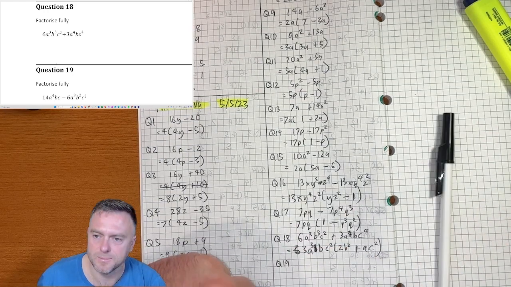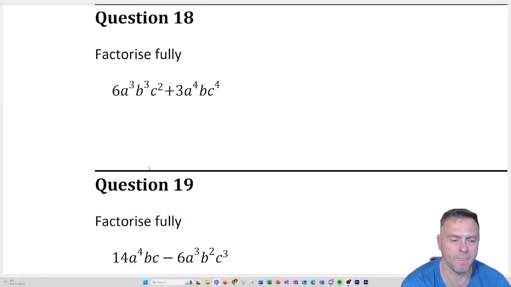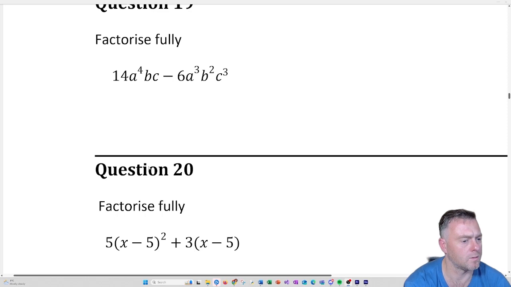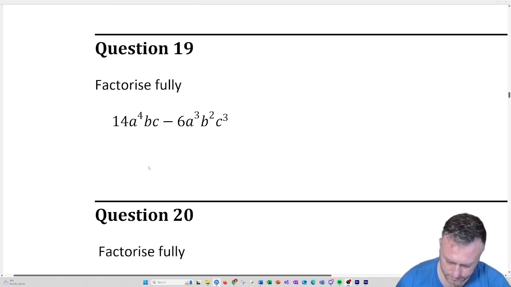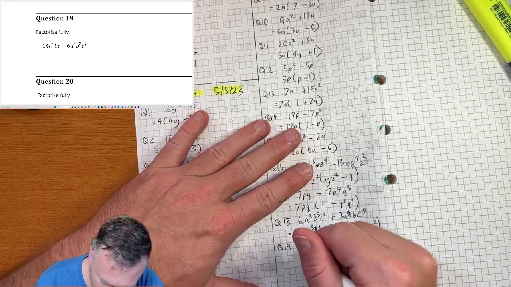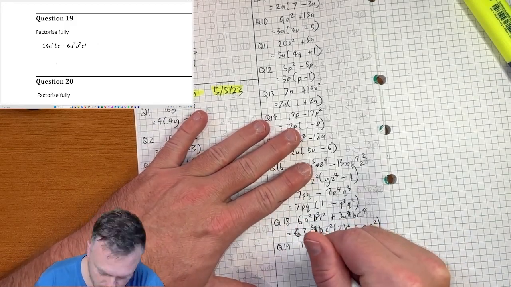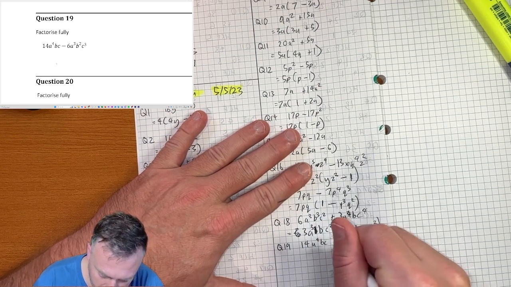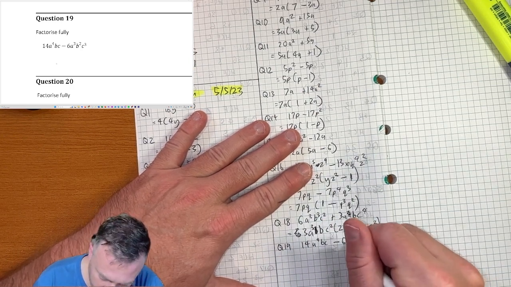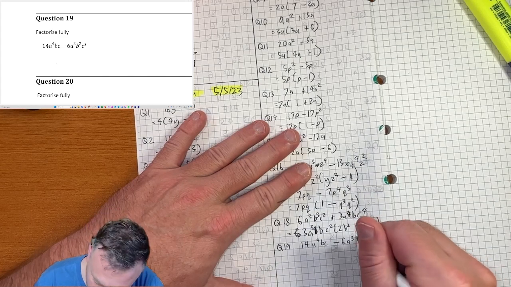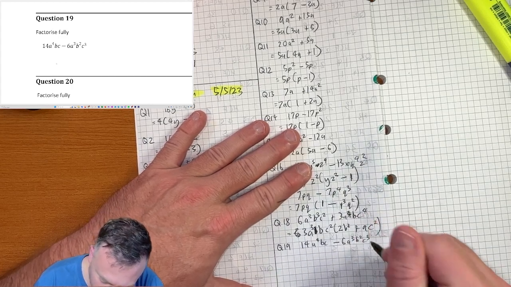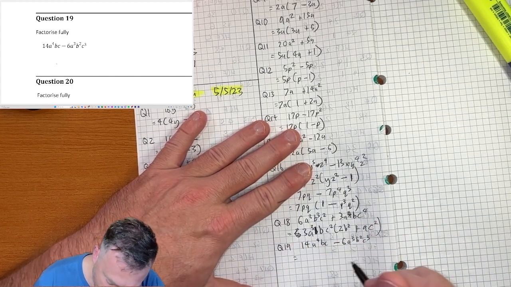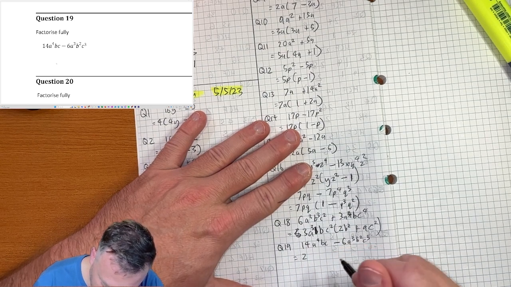Question 19. So we have 14a to the power of 4, bc, minus 6a to the power of 3, b to the power of 2, c to the power of 3. So we can take a 2 out the front.